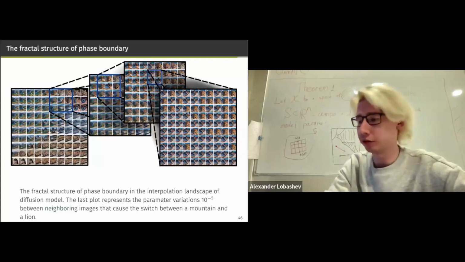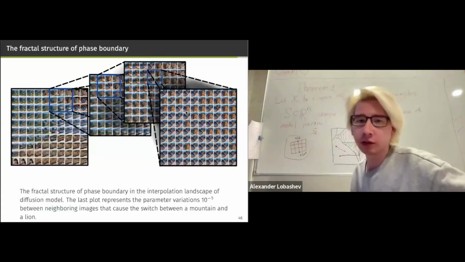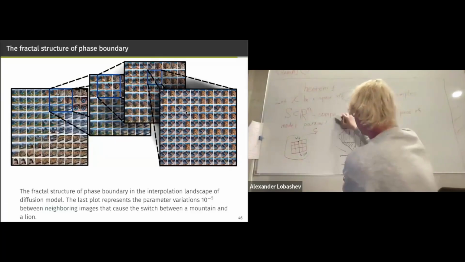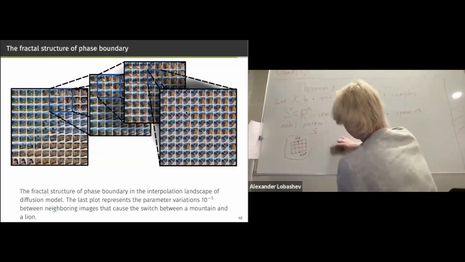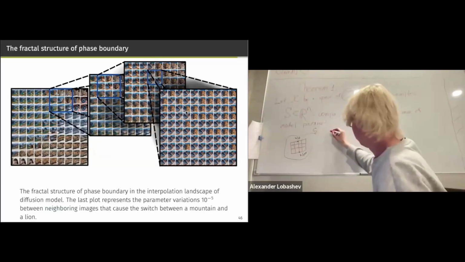these two different phases. And what could be the reason why this happens in diffusion models? We could think of a simple example. What is a diffusion model?